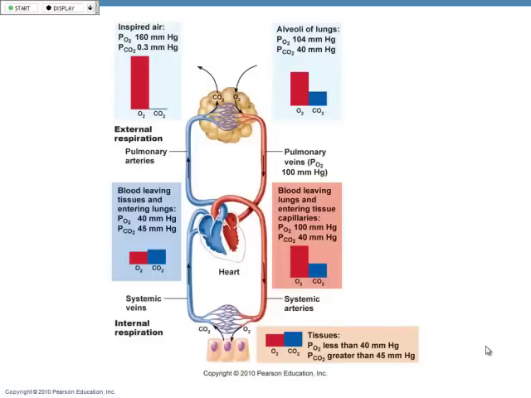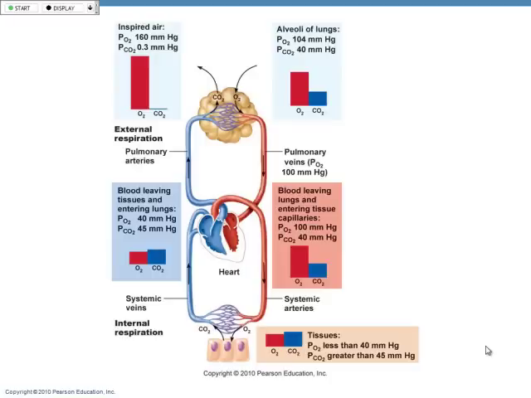Okay. So in the pulmonary veins, the P means what? Partial pressure of oxygen is 100 millimeters of mercury. When blood leaves the lungs, entering the tissue capillaries, you see again the difference in pressure. You seeing this?